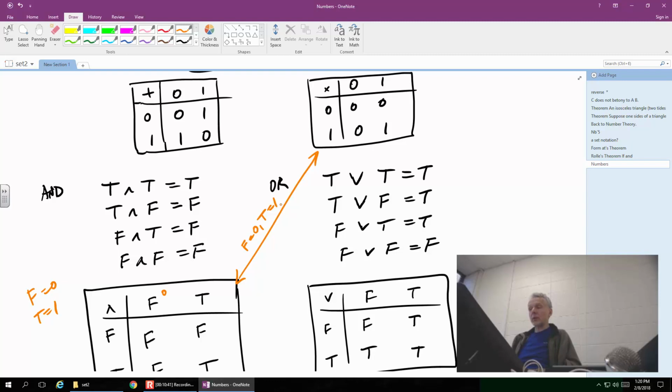So there seems to be no connection for the other table at the bottom. Or is there? Well, you just flip it. You just flip it.